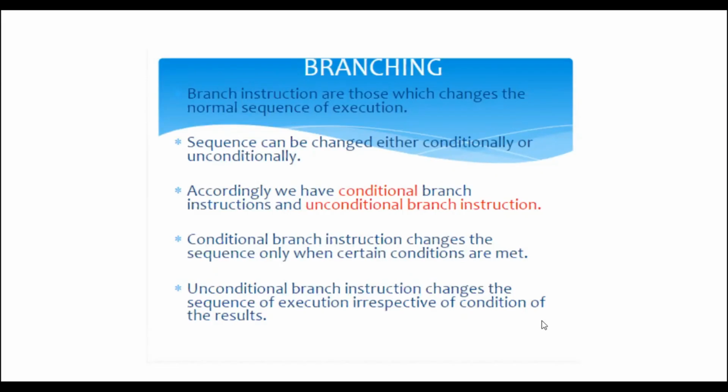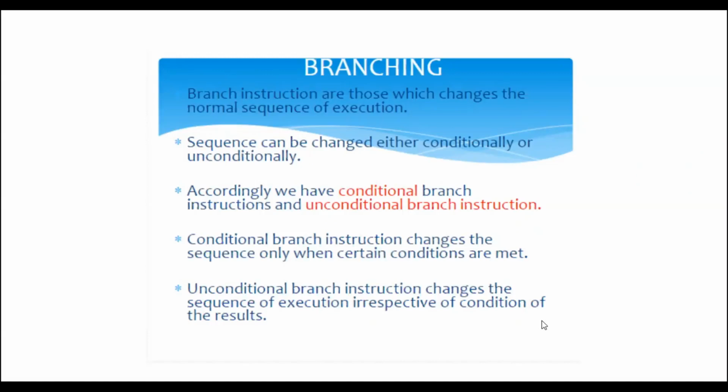An unconditional branch instruction changes the sequence of execution irrespective of the condition or the result. Branching instructions refer to the act of switching execution to a different instruction sequence as a result of executing a branch instruction.